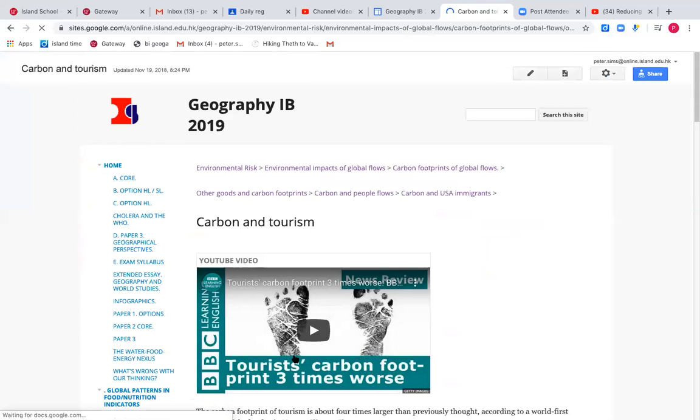Of course, if you think about it, what's actually far more significant is the carbon footprint presented by tourism. But the thing with tourism is that it's a vital part of the economy and lots of people make money out of it. So it's interesting that there's a slightly different way of looking at the carbon footprint of tourism, which is massive compared to the carbon footprint that is to be associated with immigration.